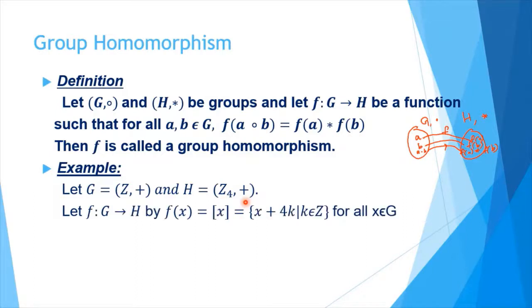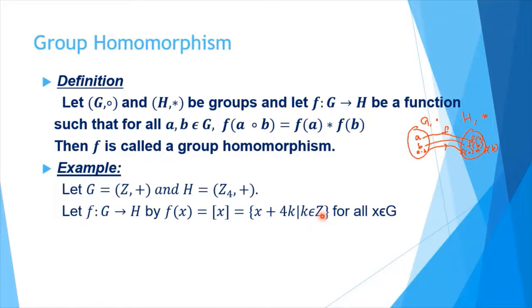Let us define f from G to H by f(x) equal to the class of x. Actually, the class of x is a set which contains all the elements of the form x plus 4k, such that k belongs to Z.